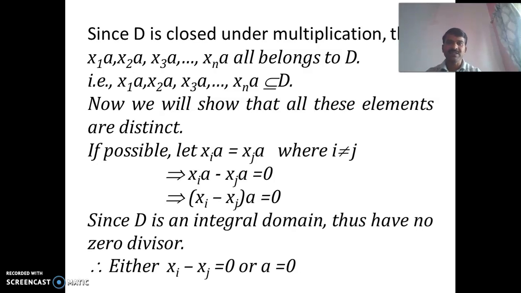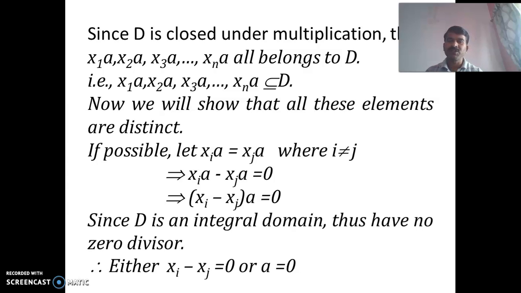Since D is closed under multiplication, these are all elements in D, since D is the integral domain. So these are the members of D.